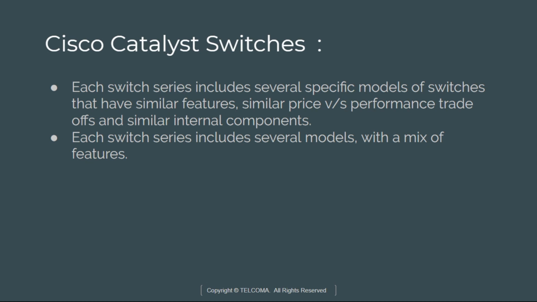Some of these switches have 48 RJ45 unshielded twisted pair, which is UTP, 10/100/1000 ports, meaning that these ports can auto-negotiate the use of 10 Mbps, 100 Mbps or 1 Gbps Ethernet.